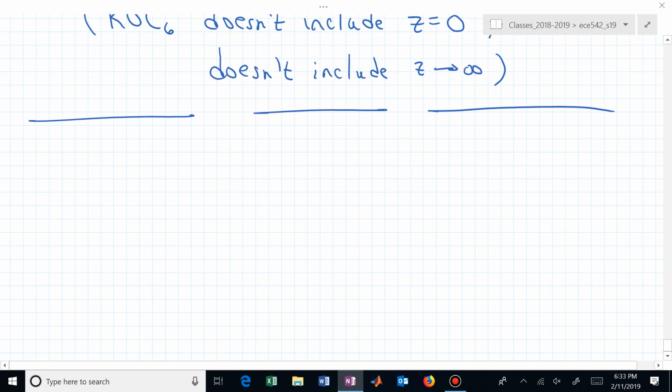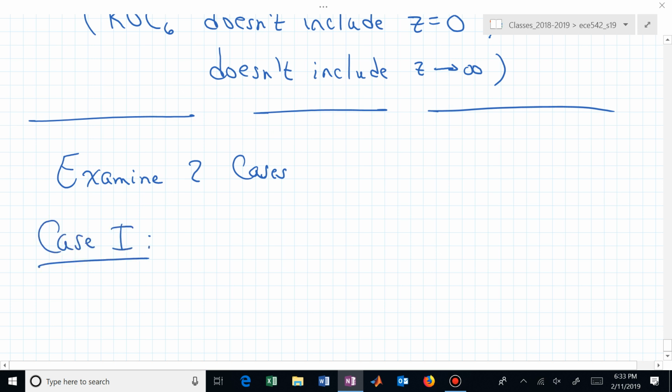Suppose, let's examine two different cases. Case 1. Suppose that here x1 of n is equal to 1/2 to the n for n less than 0.